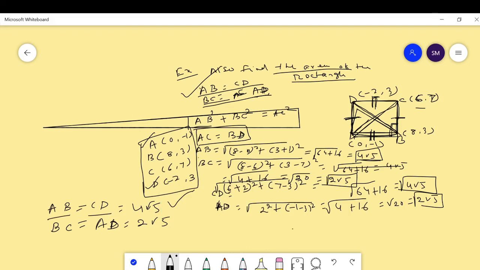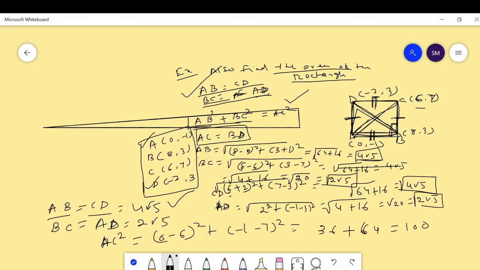Then by using Pythagoras theorem, we have to find out that AC square is equal to AB square plus BC square. Here AC square is equal to (0 minus 6) whole square plus (minus 1 minus 7) whole square, which is equal to 36 plus 8 square 64, which is equal to 100.